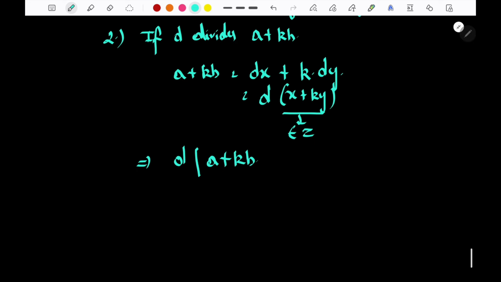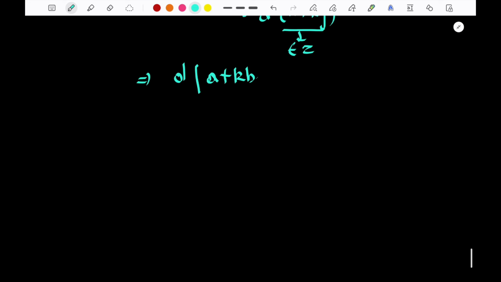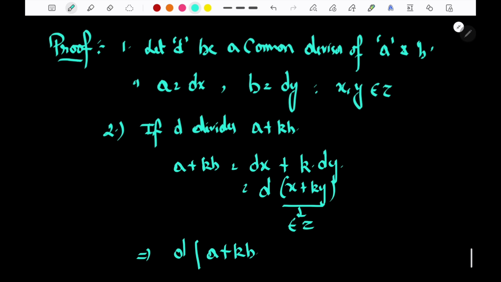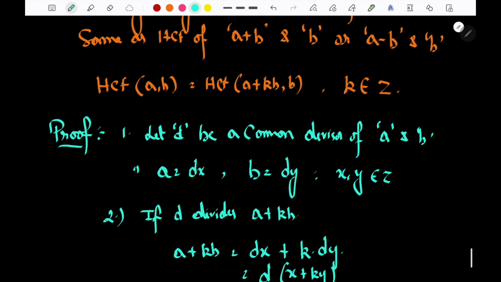Done. Now if D is the common divisor of A and B, it is also a common divisor of A plus KB and B. So it means the complete set of common divisors for both pairs is identical. Why? Because I chose any common divisor. I didn't say that D was the HCF. I'm just saying D was any common divisor.